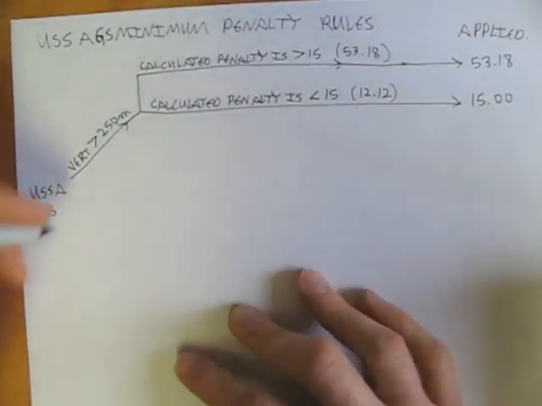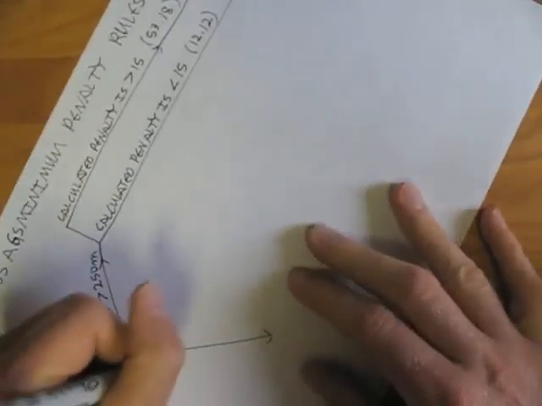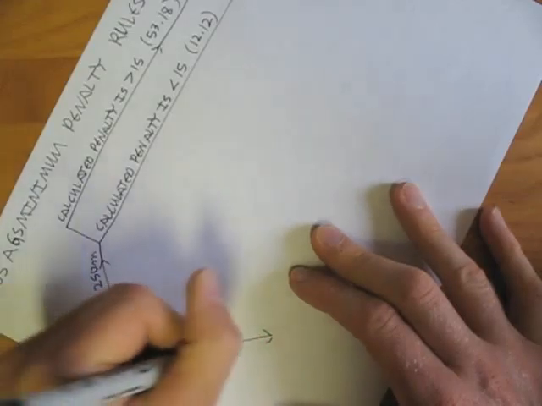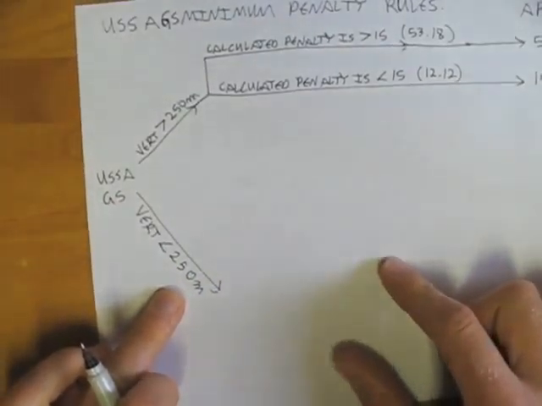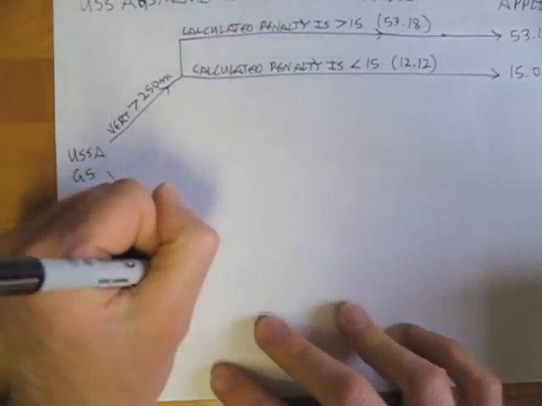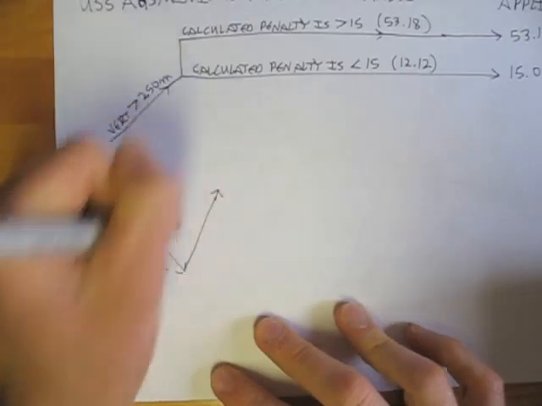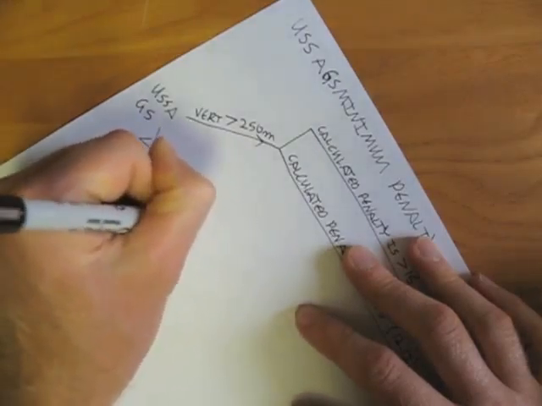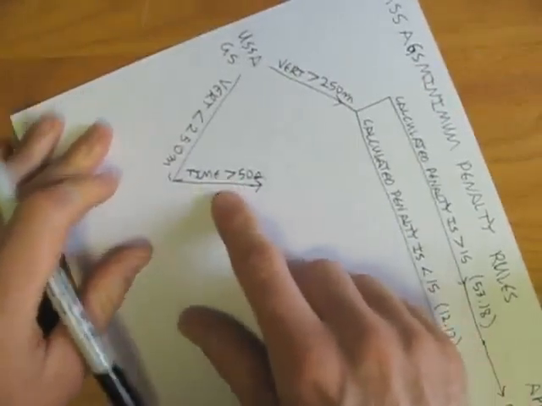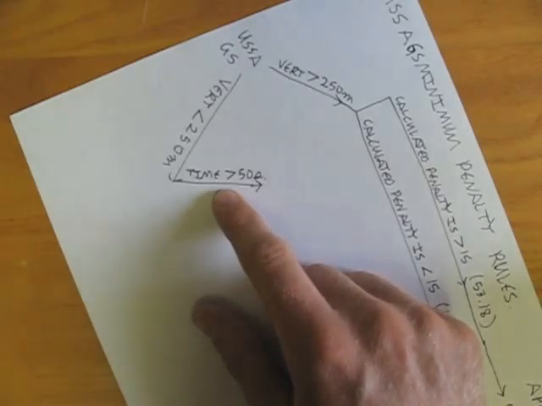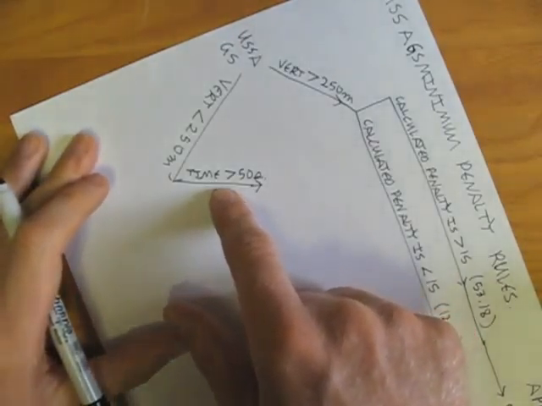Now we have your vertical is less than 250 meters. So now one rule kicks in, and we're going to say time is greater than 50 seconds. So is your minimum time, so your combined time for both runs of the winner of your race, greater than 50 seconds?